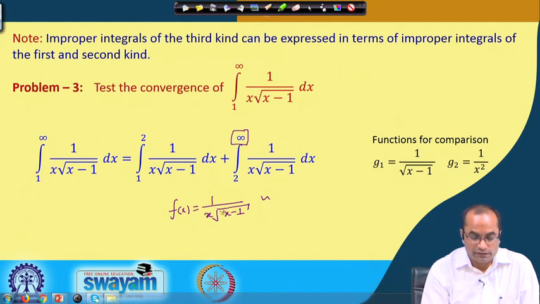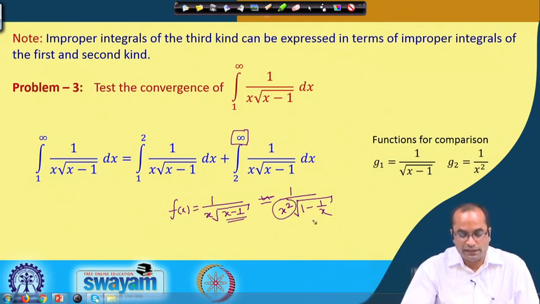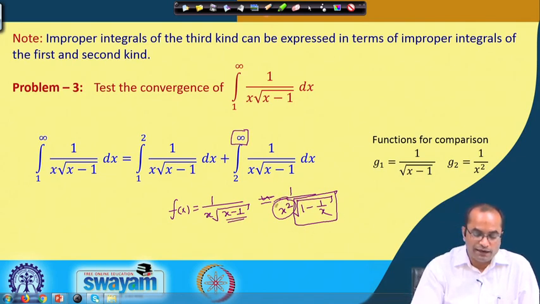If we take this f(x), which was the integrand, 1 over x times square root of x minus 1, let us see how it behaves as x approaches infinity. First I will rewrite this as 1 over x square, times 1 over the square root of 1 minus 1 over x. Now, looking at the behavior as x approaches infinity, this term is not creating trouble, because as x goes to infinity it tends to 1, and we have this x square.